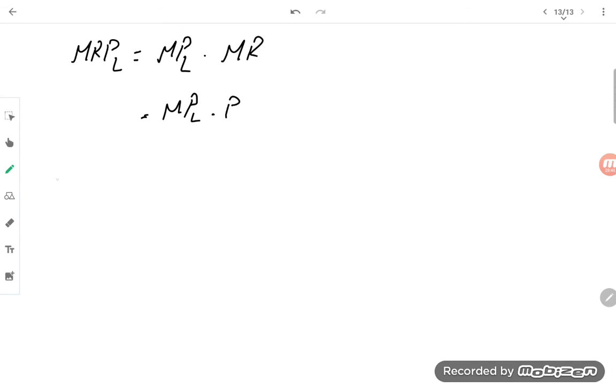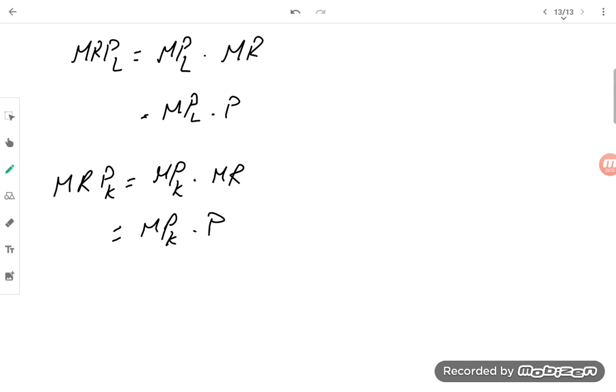And the same with respect to the marginal revenue product of capital: marginal productivity of capital multiplied by marginal revenue, or by the price. This is with respect to marginal revenue, or marginal income generated from employing an additional worker.